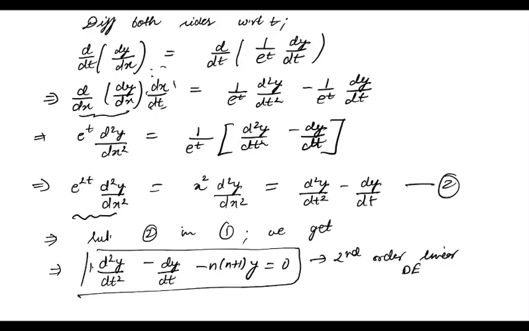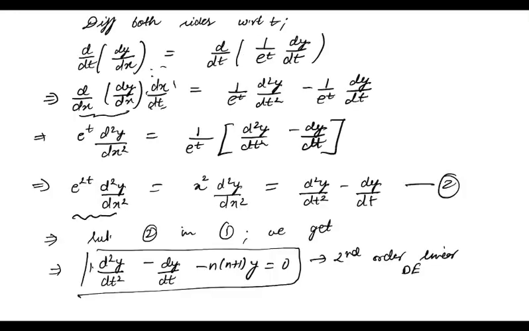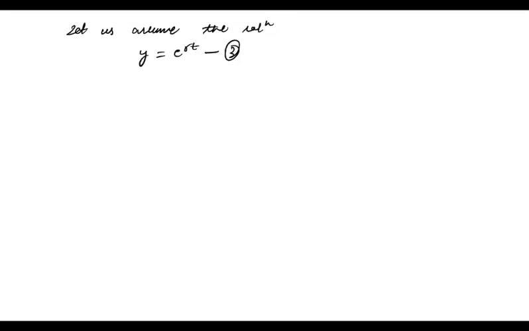We can just assume the solution y is equal to exponential r to the power t. Now we'll put this, maybe you can write it as 3, and this is 4, we can write this as 4.